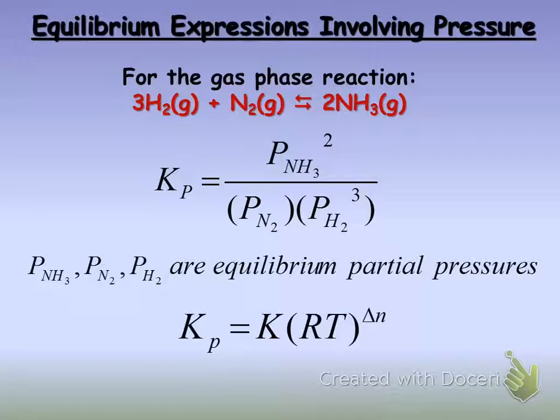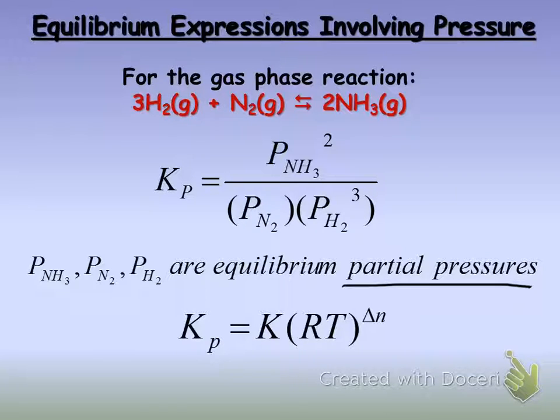Now, we said that you can set up the law of mass action for equilibrium expressions involving pressure. And here you see an example of such an expression using pressure. Now, the thing about the pressures, and I don't know if you remember, partial pressure, but there's the law of partial pressures that state if you put 3 gases in a container with 3 different pressures, when you put them in that container, you will essentially add their pressures up.